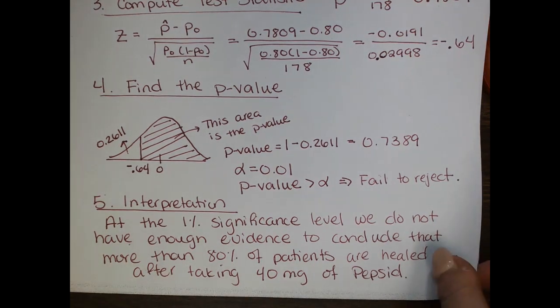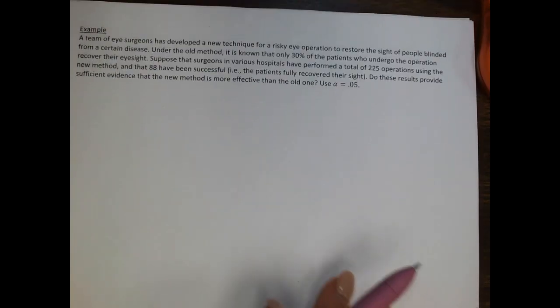Let's look at another example. A team of eye surgeons has developed a new technique for risky eye operations to restore the sight of people blinded from a certain disease. Under the old method, it is known that only 30% of patients who undergo the operation recover their sight.